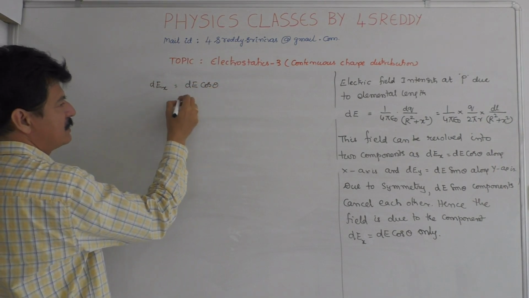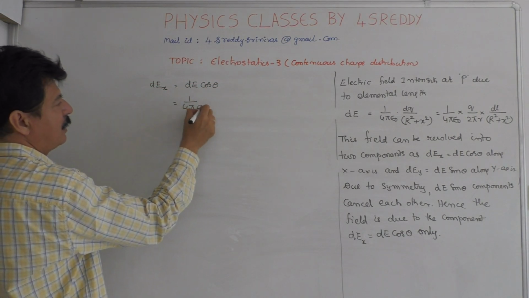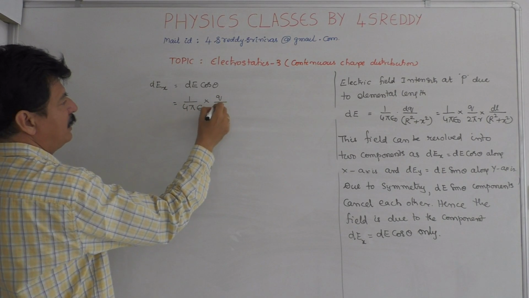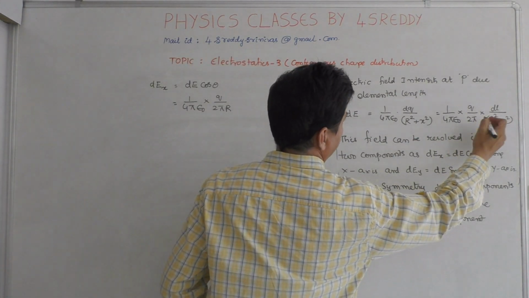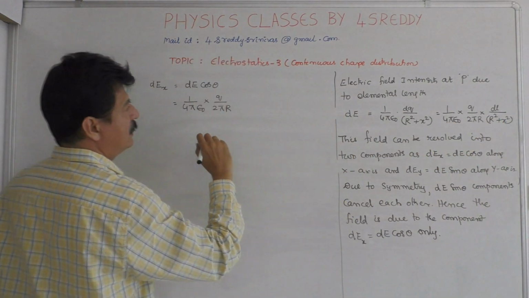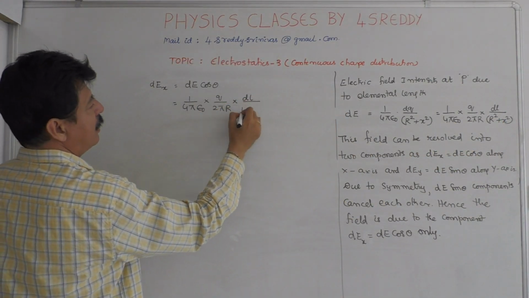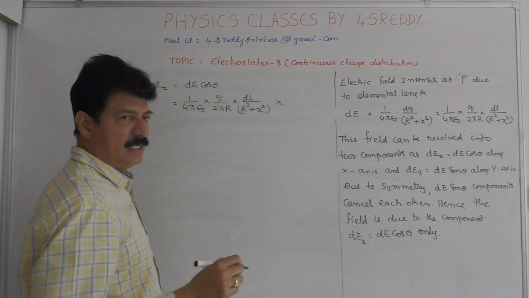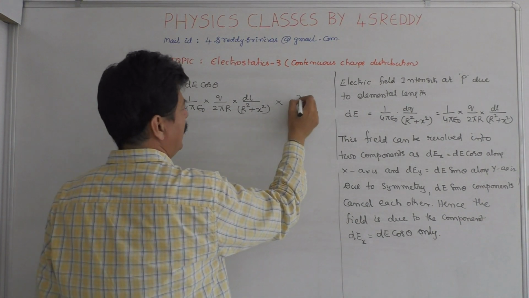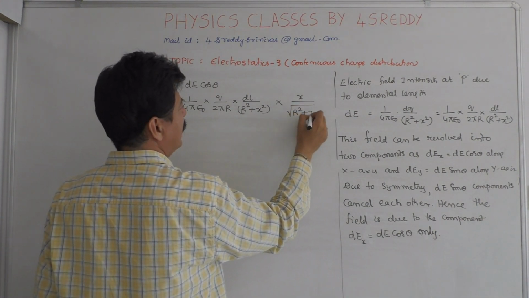That can be written as 1 by 4 pi epsilon naught q by 2 pi R. This is capital R all the time. And here q by 2 pi R into dl by r square plus x square into cos theta, adjacent side, x by root of r square plus x square.